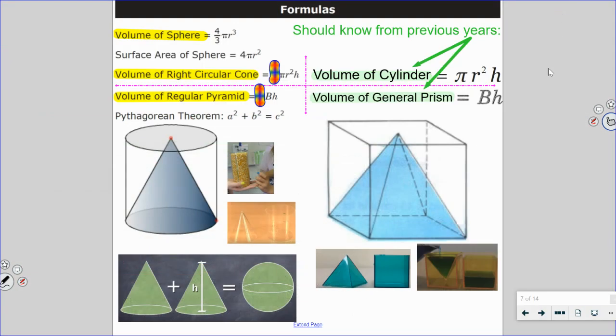Now I want you to think about what that relationship means then in terms of a cone. So if you could say here, let's just say 3 pyramids are equal to 1 prism, what could we do to solve for a pyramid then? Well, I suppose we could multiply by a third.